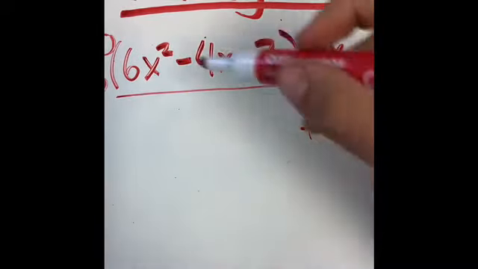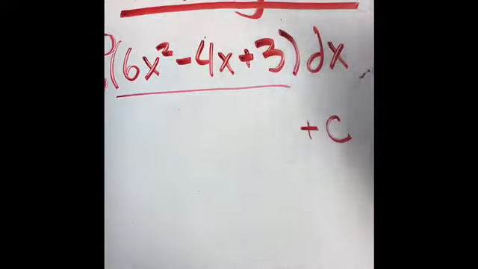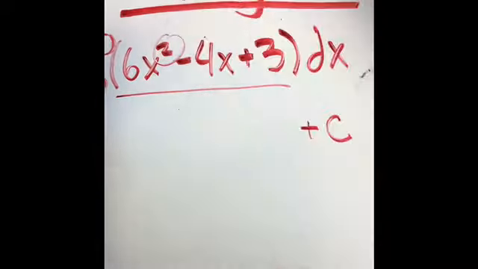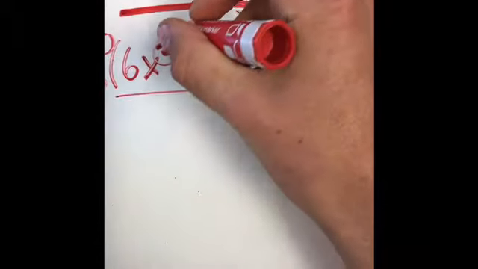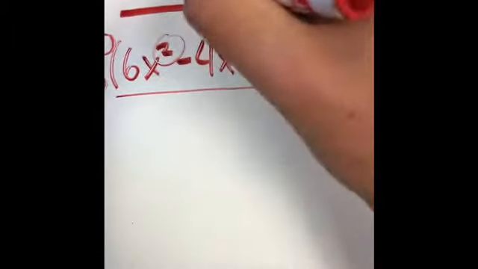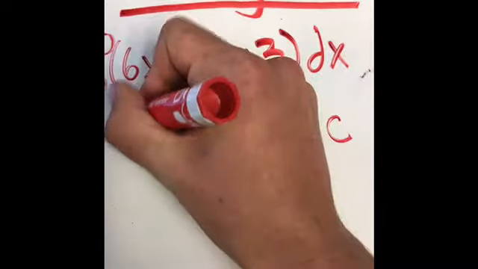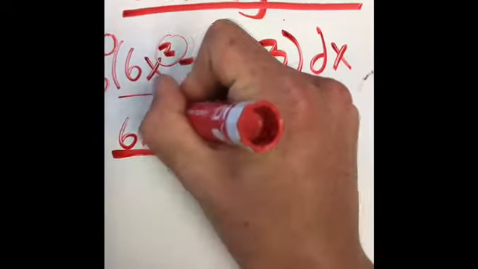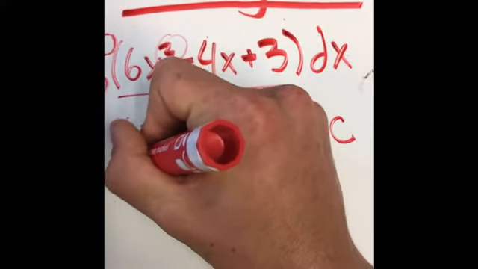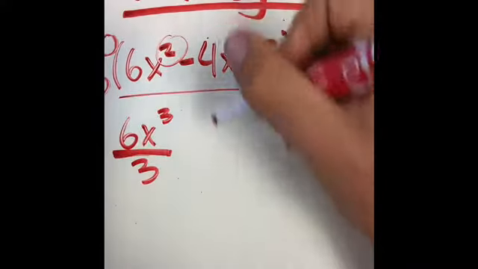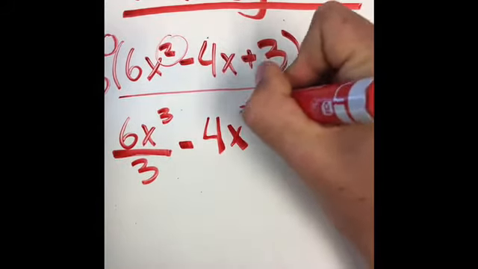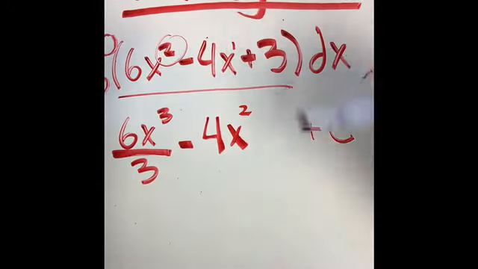And so, the way you do an integral, a basic trick, is you just take the exponent, you add 1 to it, and then you divide by your new exponent. So, in this case, it would be 6x to the third power now, over that new number, 3, and we can do that again here, minus 4x squared, because this is to the 1 power.